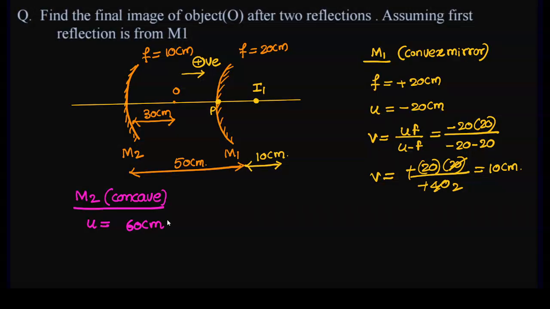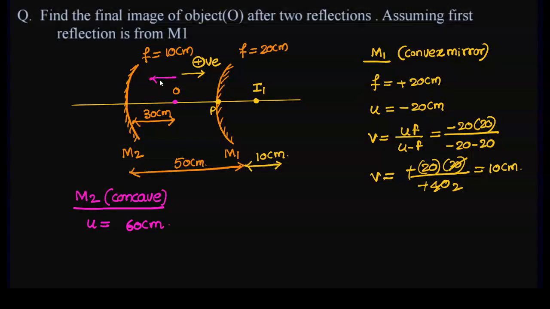Now look here, where is the actual object? 30 centimeters from the mirror. This means the light ray has to come like this. Light ray will come like this.